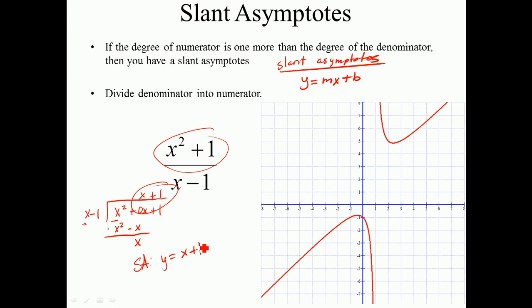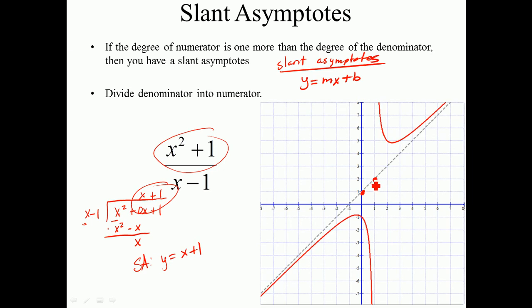And to plot a slant asymptote, if it's x plus 1, your y-intercept is 1, and your slope is up 1 over 1. Those should be the 2 points that you're dealing with. Notice how the graph approaches it but never touches it. Once you have your slant asymptote, you can do everything that you did before. This is just finding another asymptote.